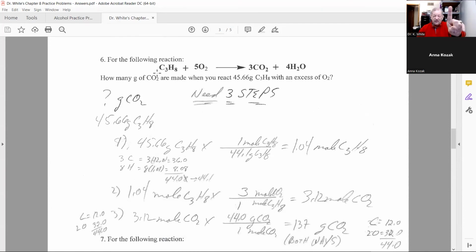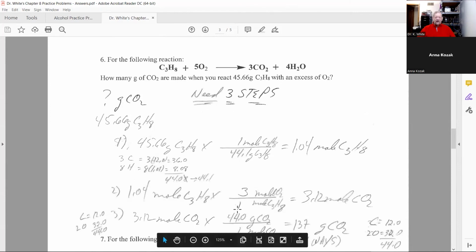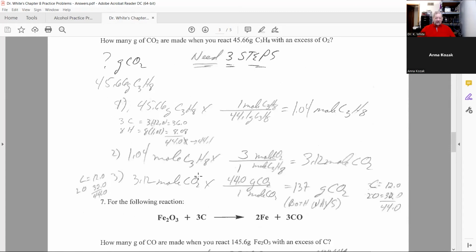I like those special effects. But anyways, 1 mole of C3H8 makes 3 moles of CO2, because the coefficient in front of CO2 is 3. So for every 1 mole of C3H8, we make 3 moles of CO2, carbon dioxide.